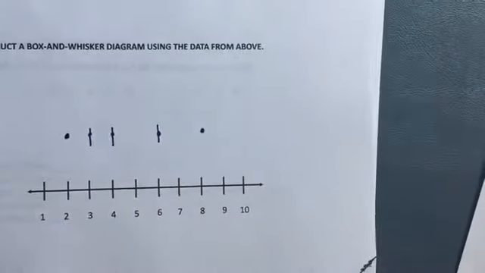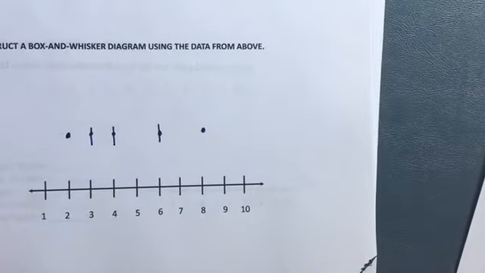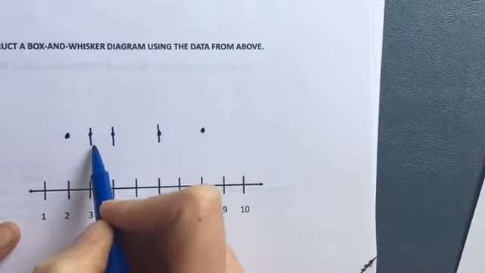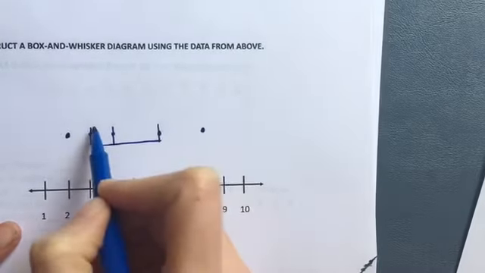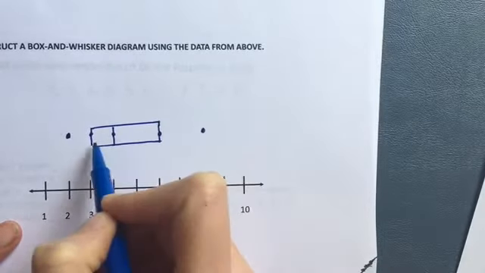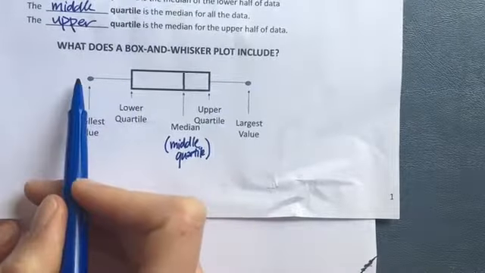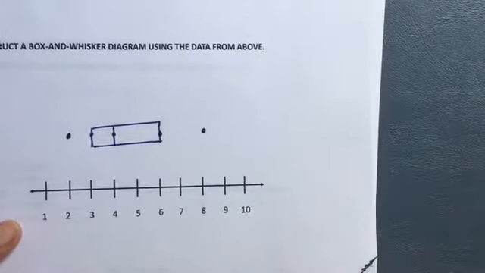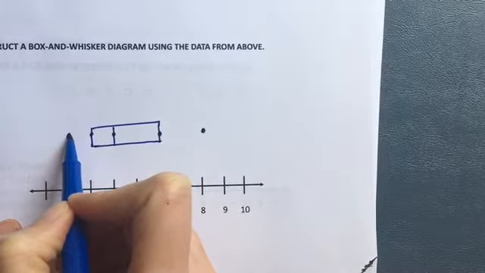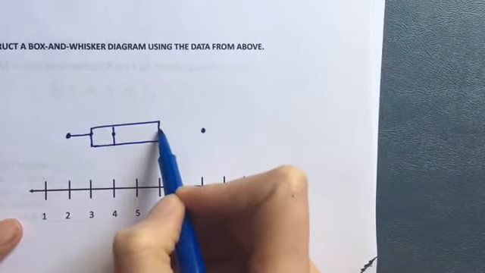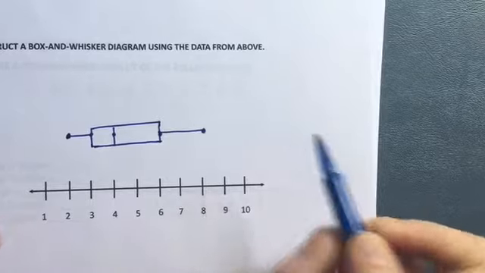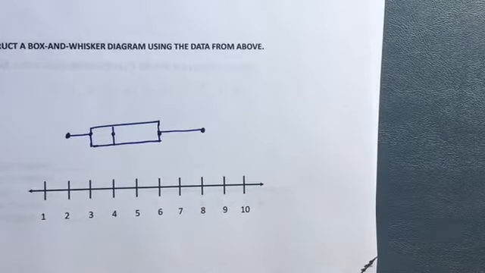So on all of those quartile points, we'll put lines. And then we connect them into our box. And then you notice those whiskers, we connect to the smallest value and the largest value. So coming back over here, we're going to connect to the smallest value and the largest value. And we have now drawn a box and whisker.